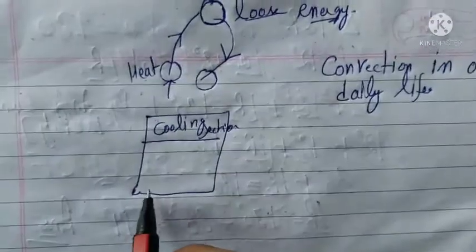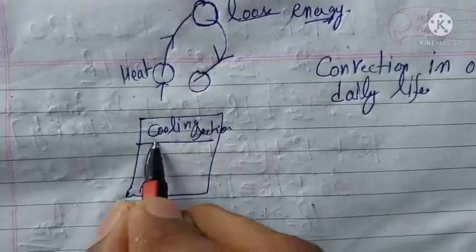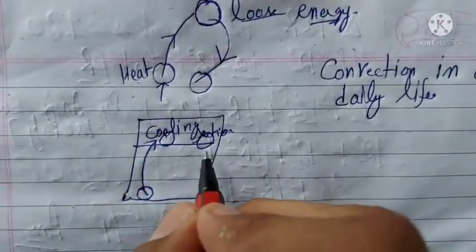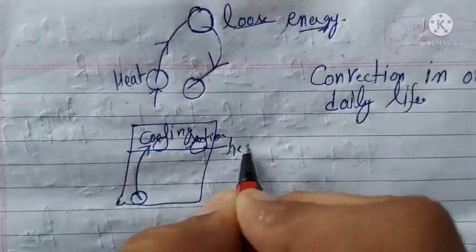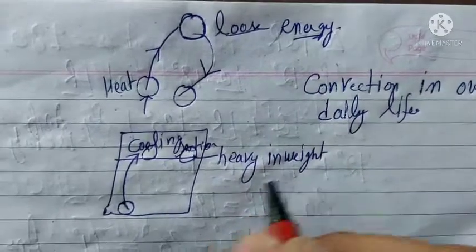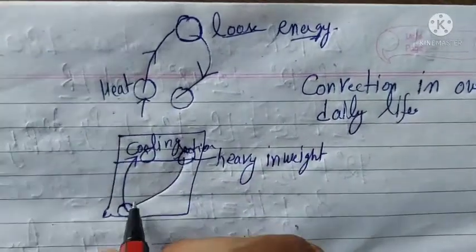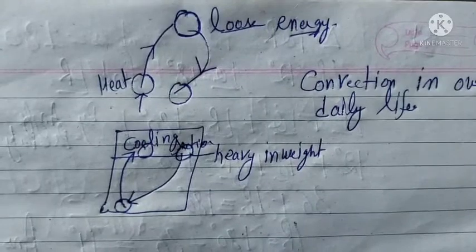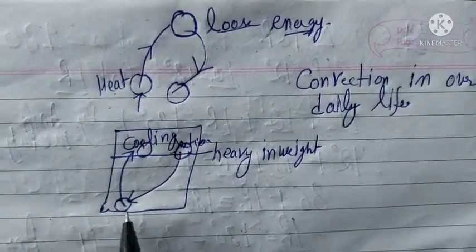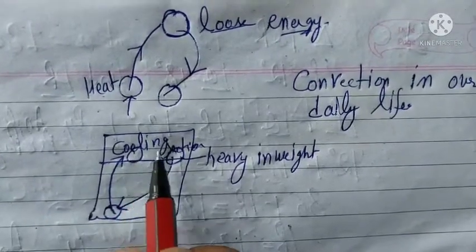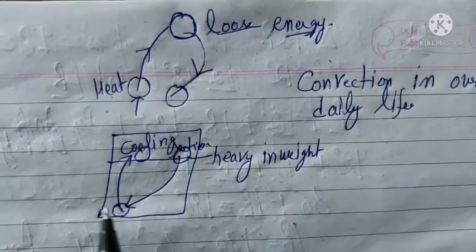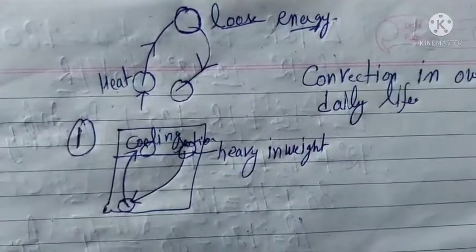The hot particles at the bottom of the refrigerator will rise up and get cool, and cool particles are heavy in weight, and they will travel to the bottom of the refrigerator. After some time the whole refrigerator will get cool. Hot particles rise up, become cool, and the cool heavy particles come to the lower surface of the refrigerator.